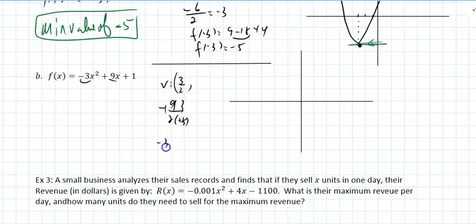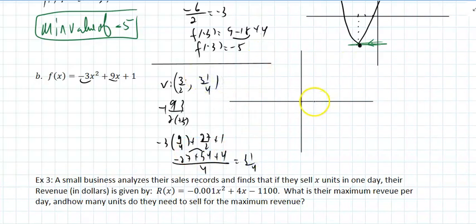And if I plug that in, -3 times 9/4 plus 9/2, no, plus 27/2. Right? 9 times 3/2, 27/2 plus 1. So that is all over 4, -27 plus 54 plus 4. That's 27, that's 31/4.